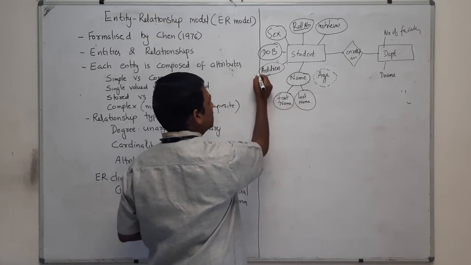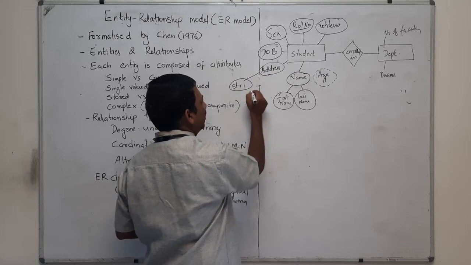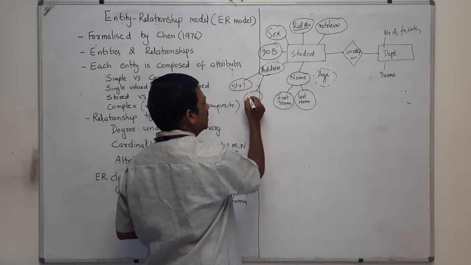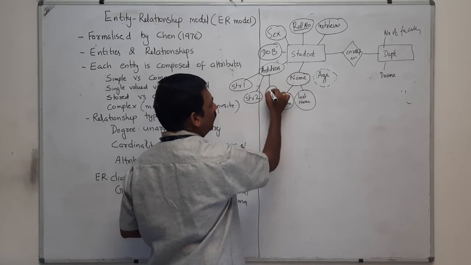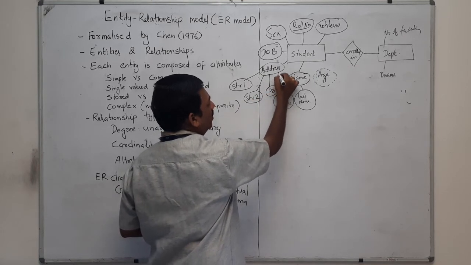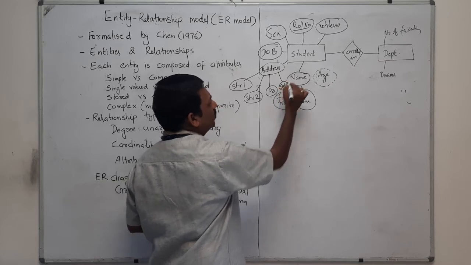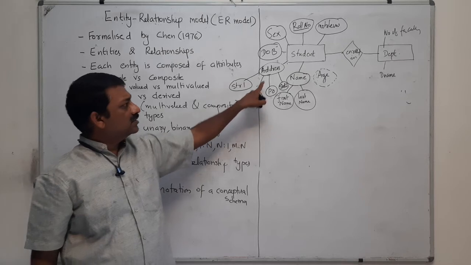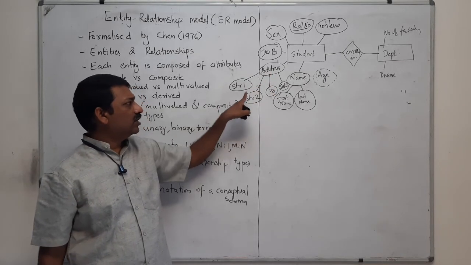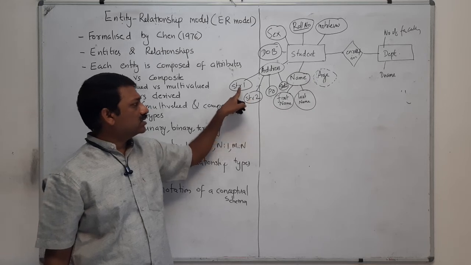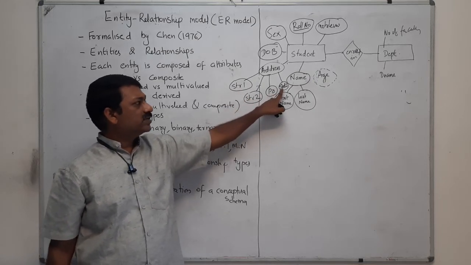Suppose the address has street line 1, street line 2, post office, state, etc. That is represented like this. That means address is a composite attribute that includes street line 1, street line 2, post office, state, etc.